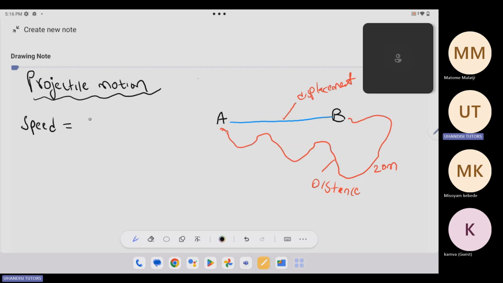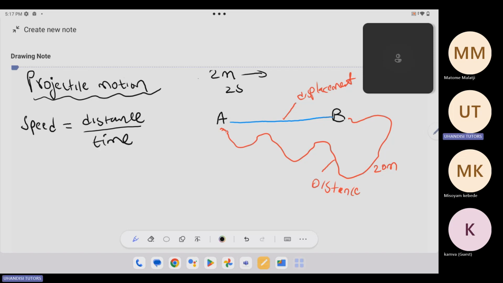So now let's say that you walk for 2 meters to the right and you take 2 seconds to cover that distance. What will be your speed? The magnitude of your speed will just be the distance divided by the time. So speed is the distance per unit time.